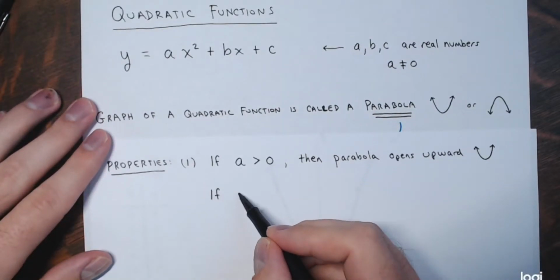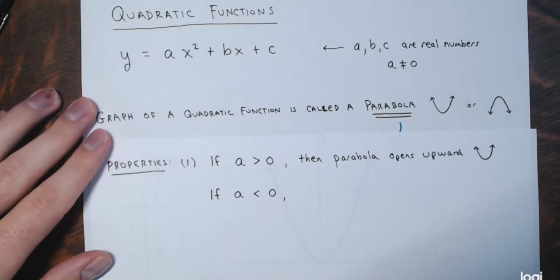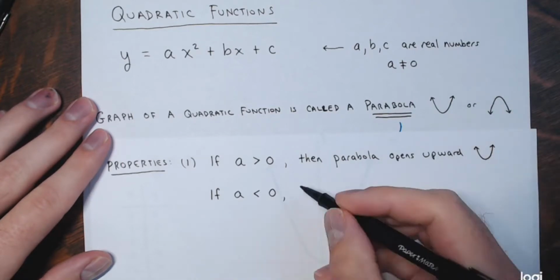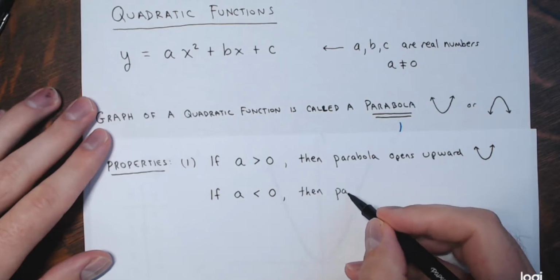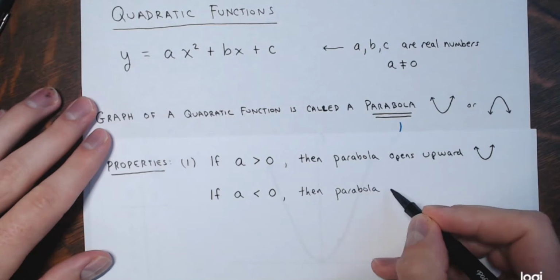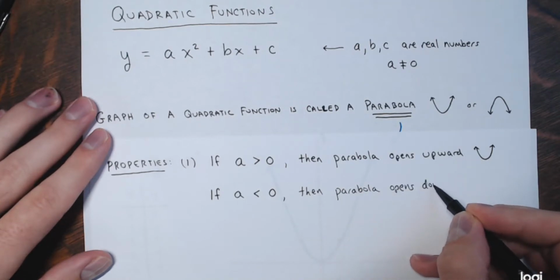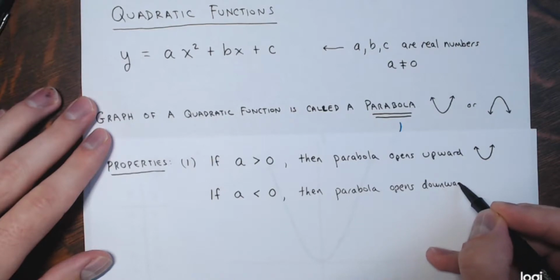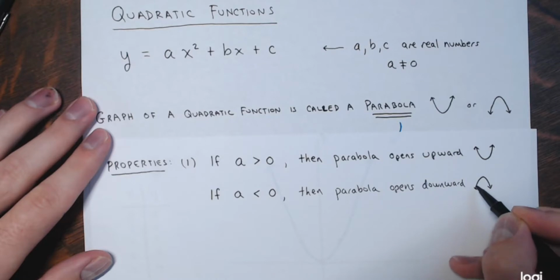If a is negative, right, if a is less than 0, that'll just flip it over. Then the parabola will be opening downward. So like this, a little frown.